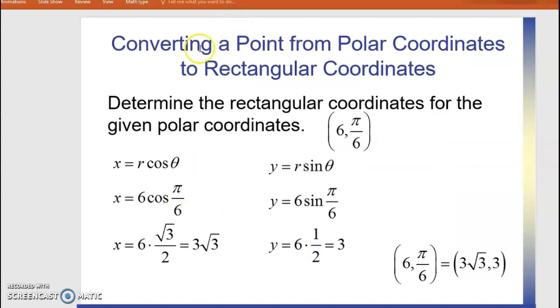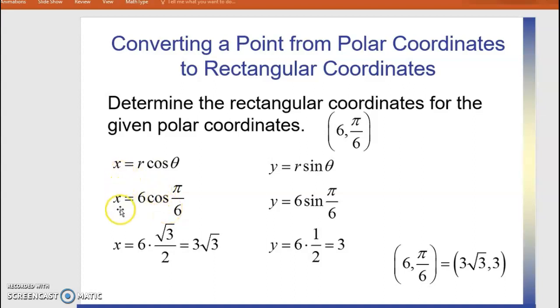Converting a point from polar coordinates to rectangular coordinates. We are given the point with an r value of 6 and an angle of pi by 6. So to convert to rectangular coordinates, we use the formulas and substitute.